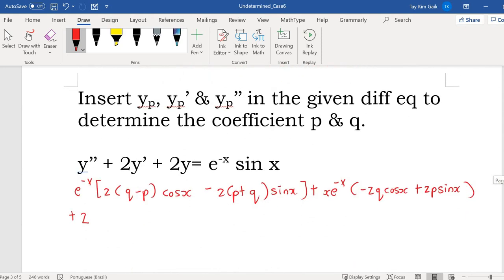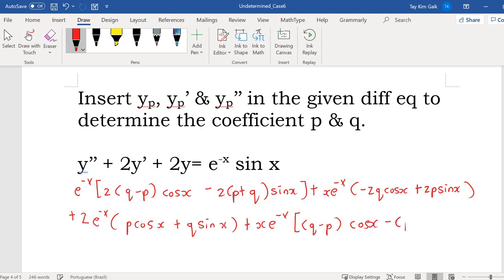So the y prime, you got 2 exponent negative x p cos x plus q sin x plus x exponent negative x q minus p cos x minus p plus q sin x. This one.